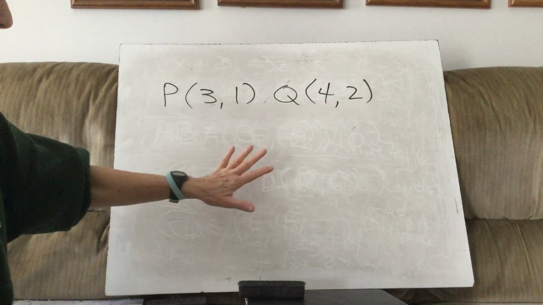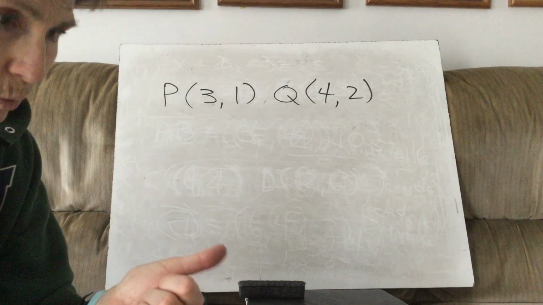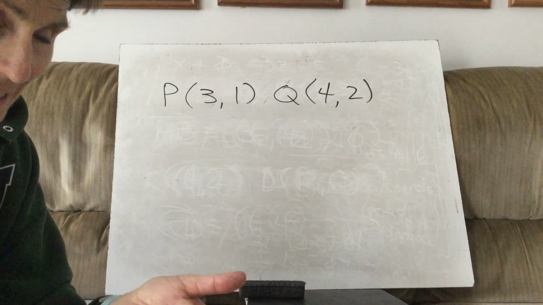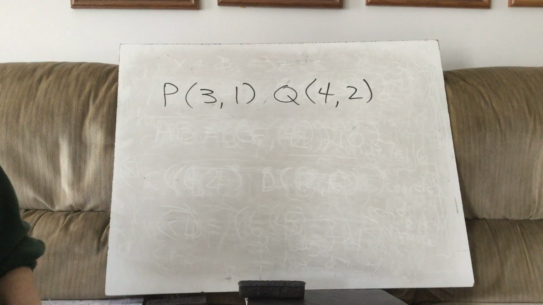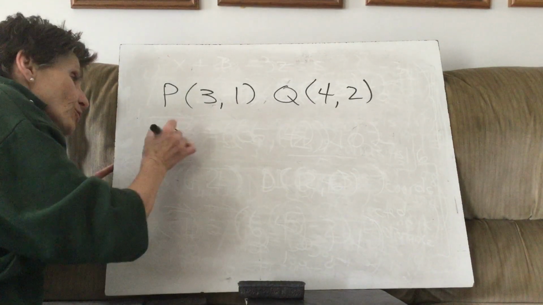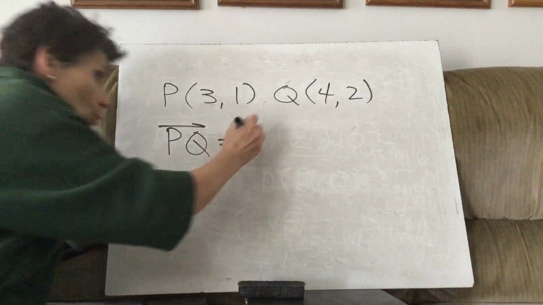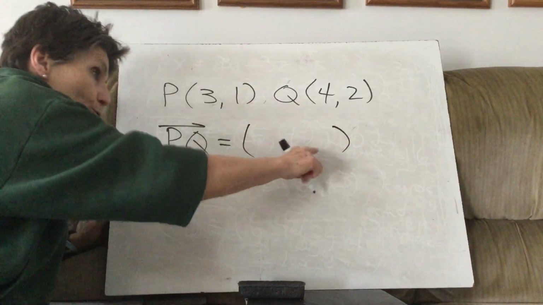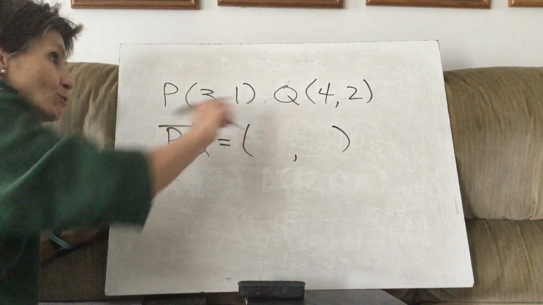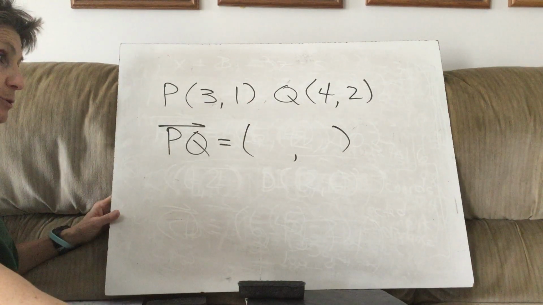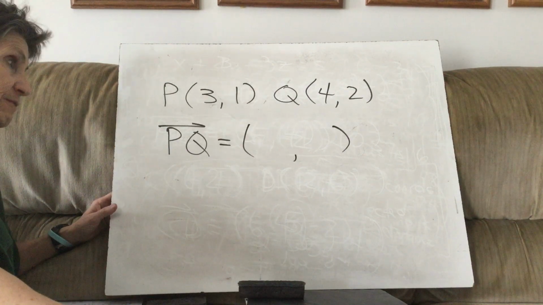Now, a minute ago, I told you that those directed distances were called vector coordinates or directed distance. Well, they can also be called components. So all we're doing is exactly what we've been doing. We're going to find the ordered pair of numbers that represents the movement from P to Q. And that will be the components of the vector.